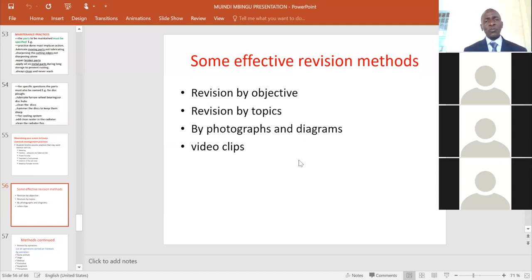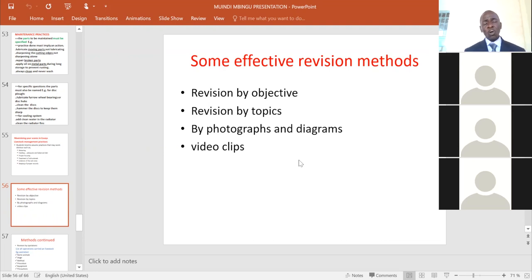If not, you may liaise with the teachers to get them. Now, those objectives can be transformed into questions. The questions shared among candidates, and then the candidates research and come and make presentations to the others. An effective way of revising. No question in K.C.S.E exam will be set outside of those objectives.